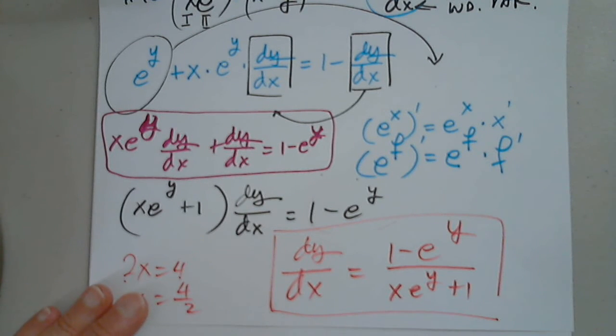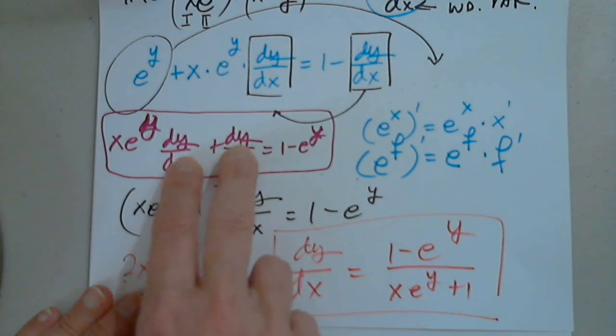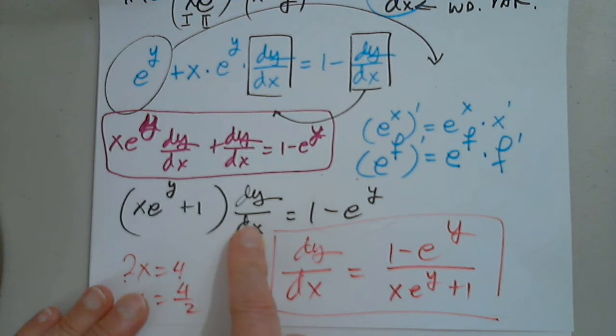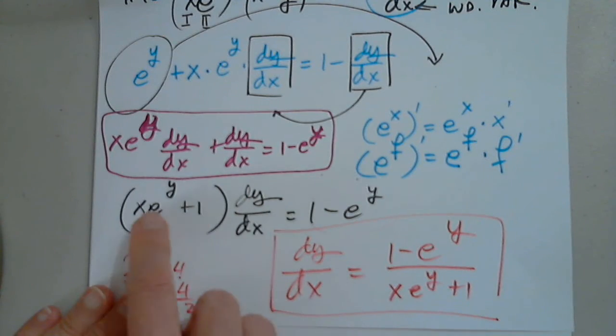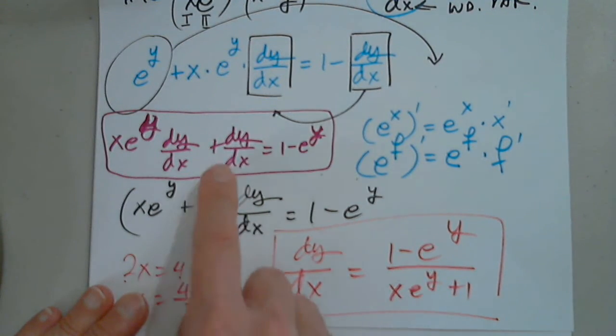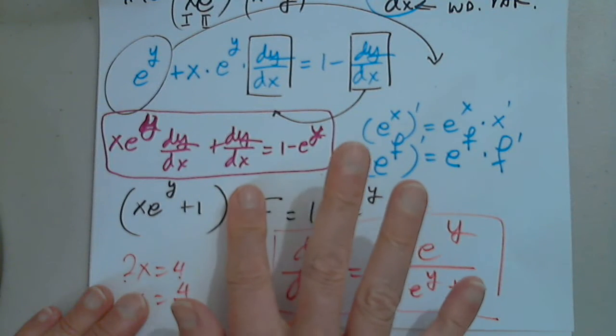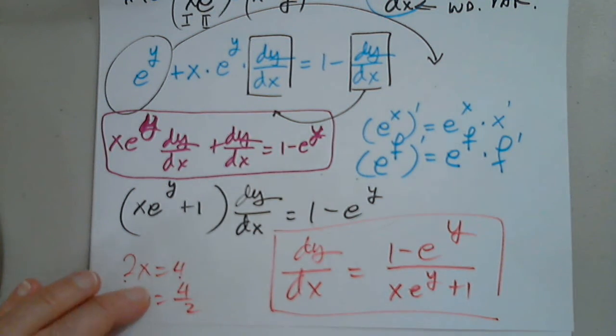Is this okay so far? And this is where you factored out to get the x e to the y. Exactly, because I have it in two terms. I see. So dy over dx times this is this, dy over dx times 1 is this. I have to factor it out, otherwise I can't solve for dy over dx. Got it. Better? Okay. Much.